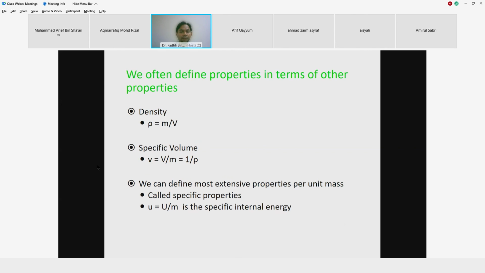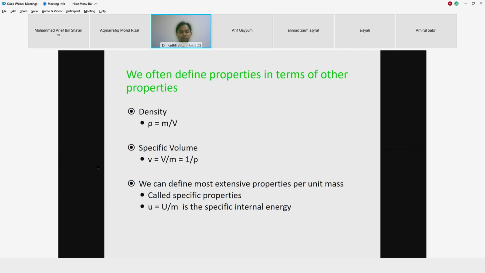Next, we often define properties in terms of other properties. Density, for example, comes from mass and volume. Specific volume is also the same as density. It comes from other properties, from volume and mass.